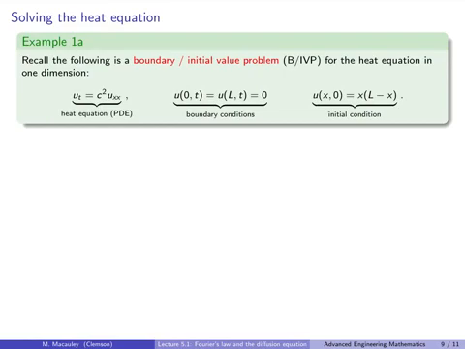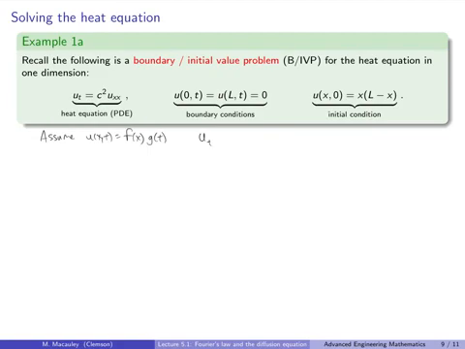Here's that example 1a from before. So the first thing that we always do is we assume that there is a solution, u of x, t, of the form f of x g of t. And we will plug this back into the PDE. So before we can plug it in, we have to take derivatives.